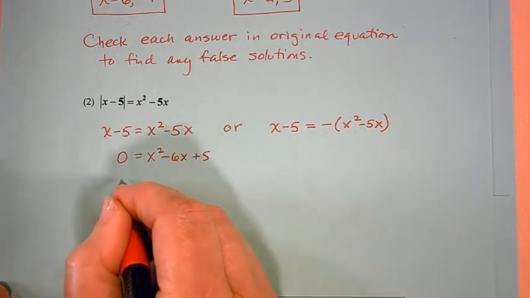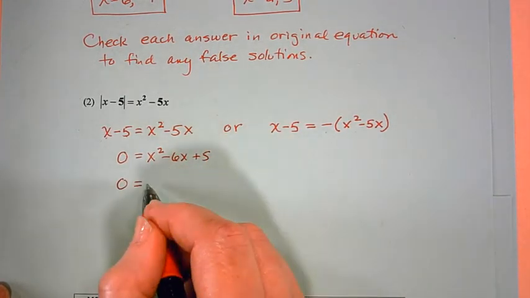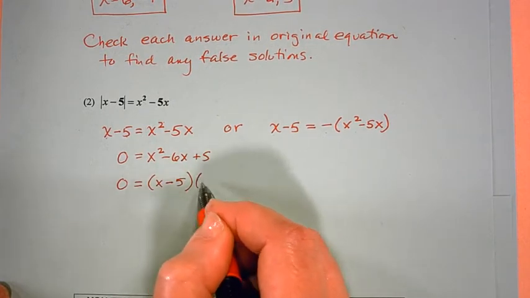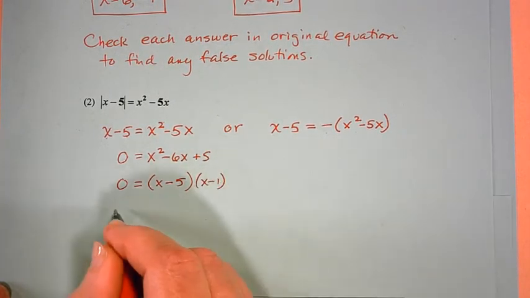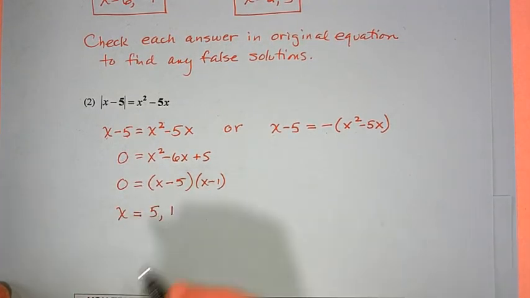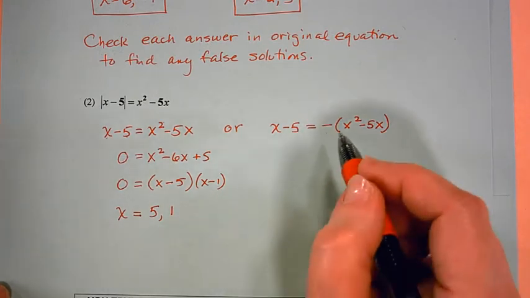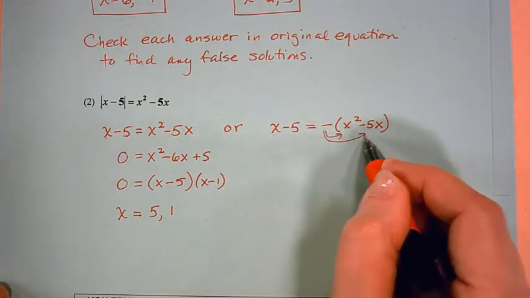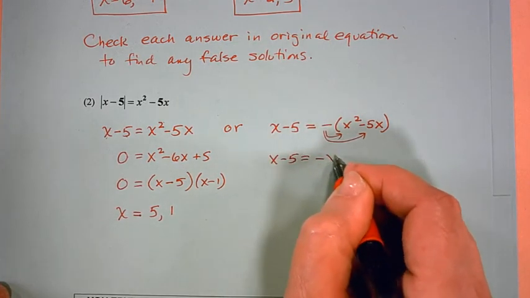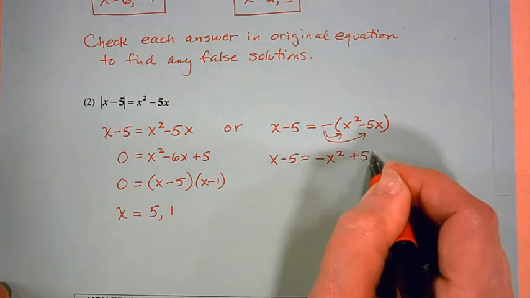Going to factor. Going to get the binomial x minus 5 times x minus 1, which gives me values of x equal to positive 5 and positive 1. Now, doing this side, I have to multiply through to get rid of the negative. So I'm going to have x minus 5 equals negative x squared plus 5x.